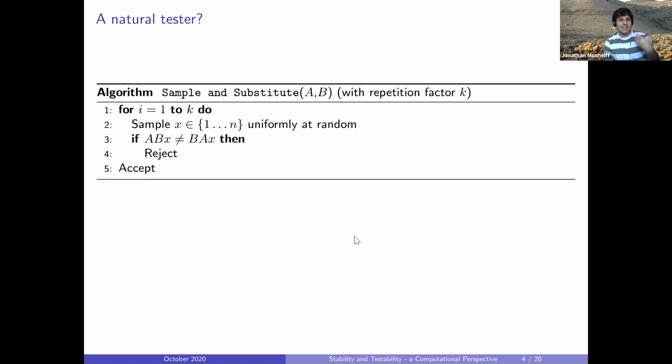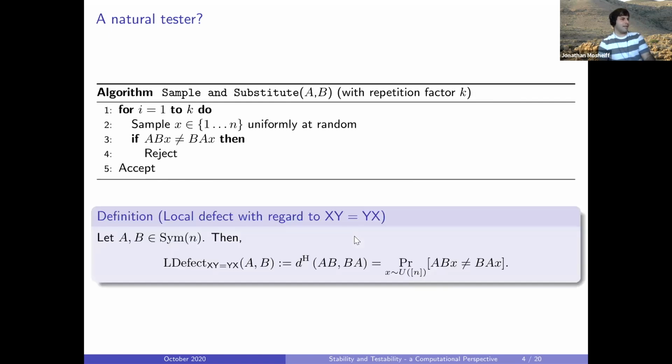And now the question is, does this algorithm, for some k, satisfy the definition of an epsilon tester for AB equals BA? In order to analyze this algorithm, I'd like to make another definition, which is called the local defect of a pair of permutations.